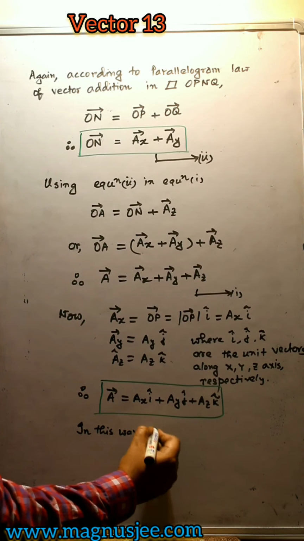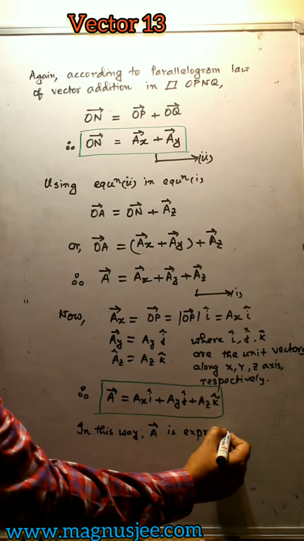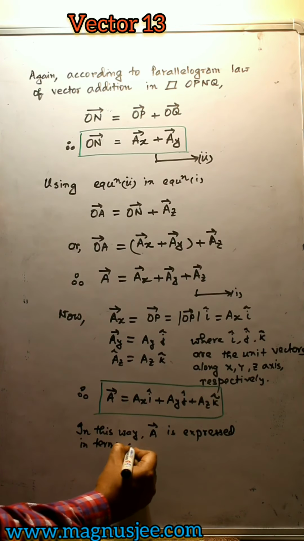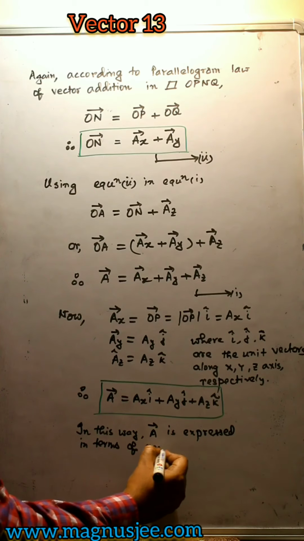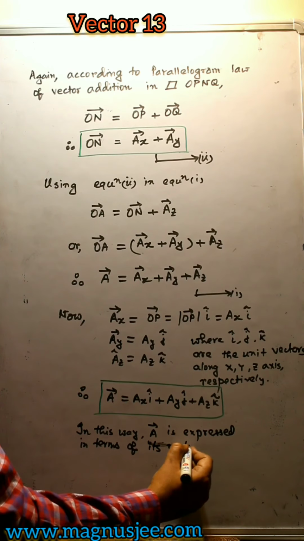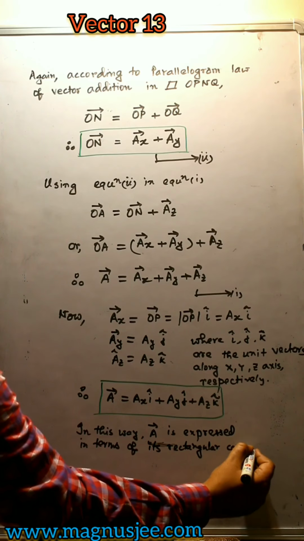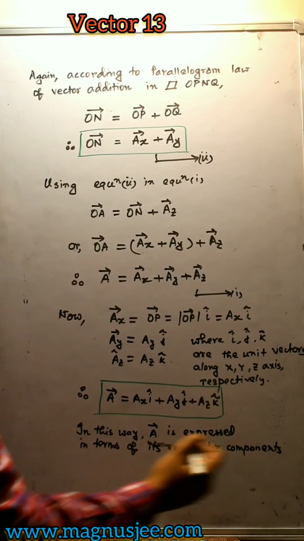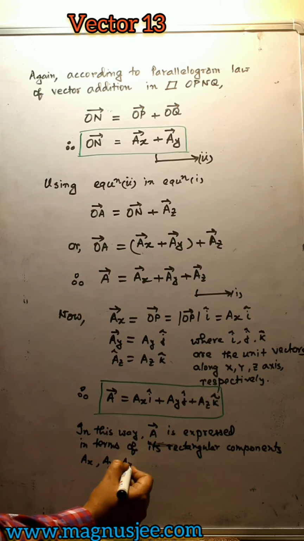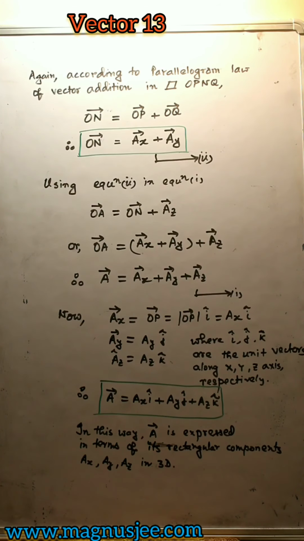In this way, vector A is expressed in terms of its rectangular components in 3 dimensions, in 3D.